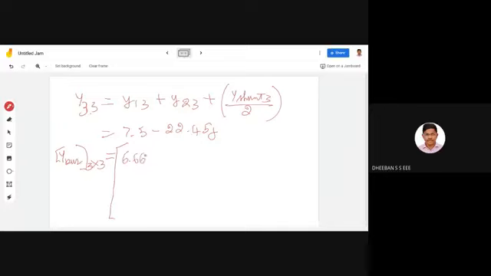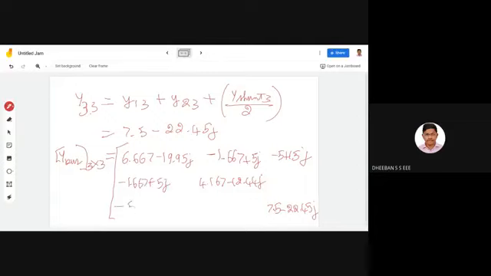Now your Y bus 3 cross 3 matrix will be equal to, the diagonal elements alone get varied, so it will be 6.667 minus 19.95j, over here 4.167 minus 12.44j, and over here 7.5 minus 22.45j. The off diagonal elements or the transfer admittances remain the same: minus 1.667 plus 5j, minus 5 plus 15j, minus 2.5 plus 7.5j, and also the same minus 2.5 plus 7.5j.